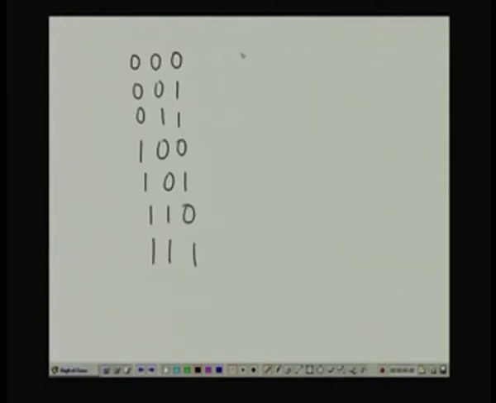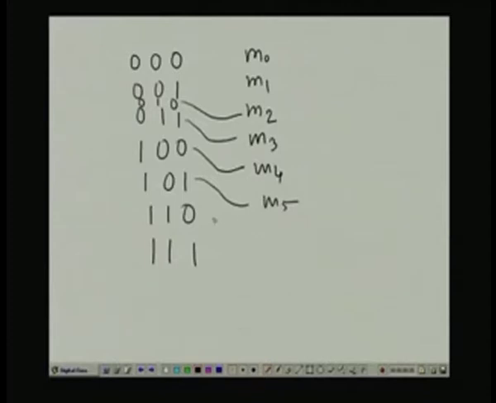Last day we defined these terms as M 0, M 1, okay. Another term was here 0 1 0. So this is M 2, this is M 3, M 4, M 5, M 6 and M 7.